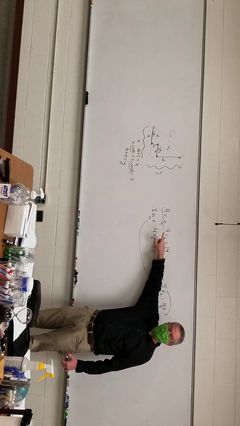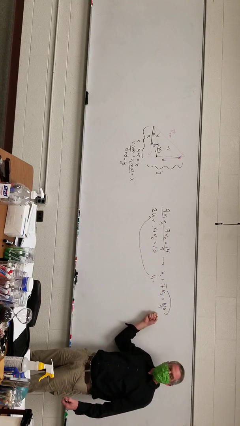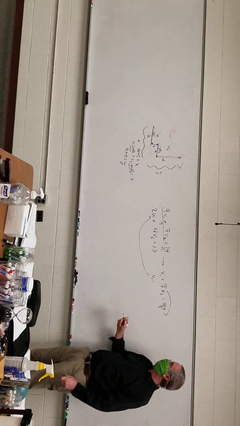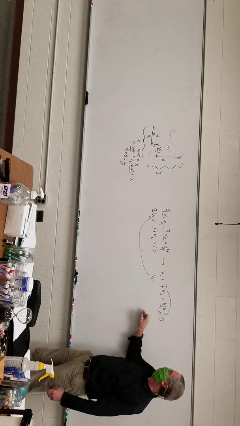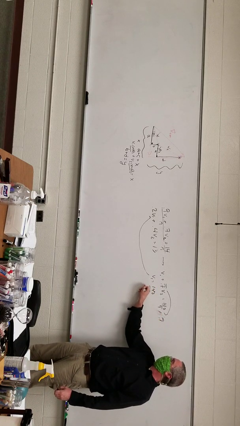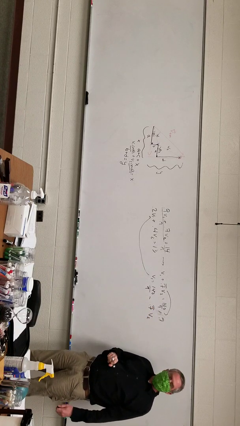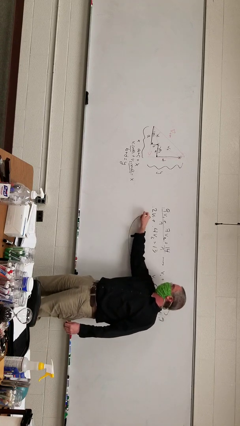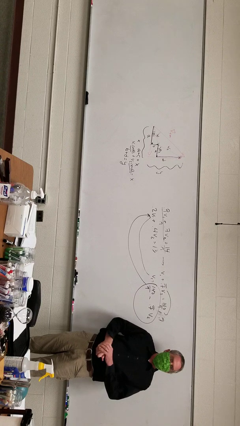I divided by 0.9 to get rid of that coefficient. And so 14 over 0.9 is 140 over 9. Okay. So then V1 is equal to 140 over 9 minus 0.7 repeating V2. So then you'd plug that in for V1, and find V2 based off of it? Yes. Okay, just making sure.